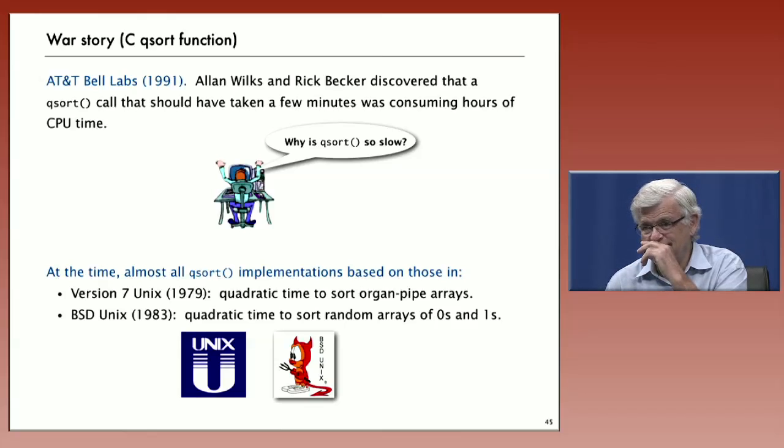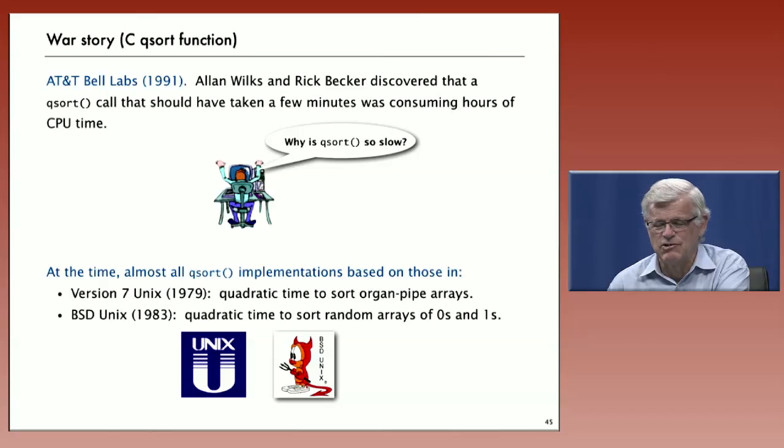And the fact was that all the qsort implementations at that time in Unix had this flaw. Well, there were two flaws, and one of them is a little complicated about the way the array is ordered. The other one was for arrays that had lots of equal keys, and this problem had lots of equal keys. It was quadratic time.